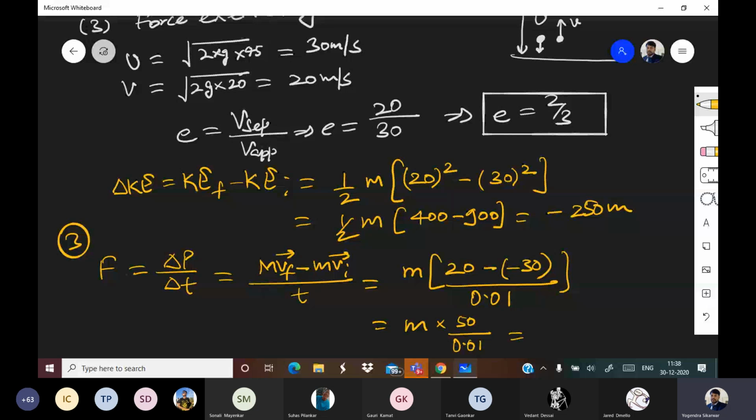So that comes out to be 5000 M. Answer. If you have any doubt, please feel free to ask. Yes, mass of the object.